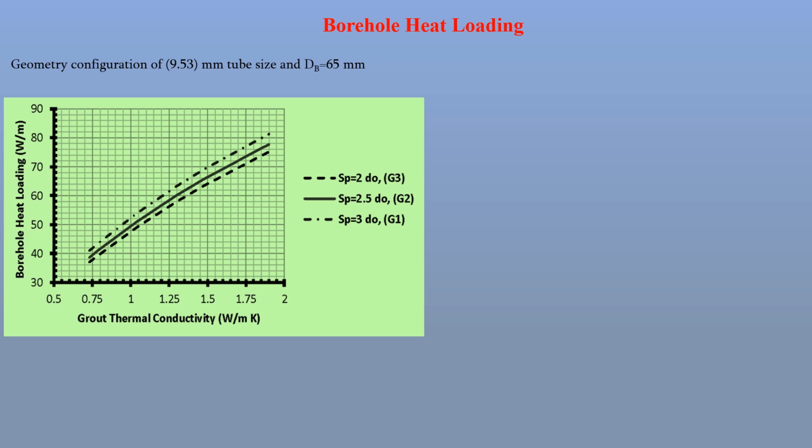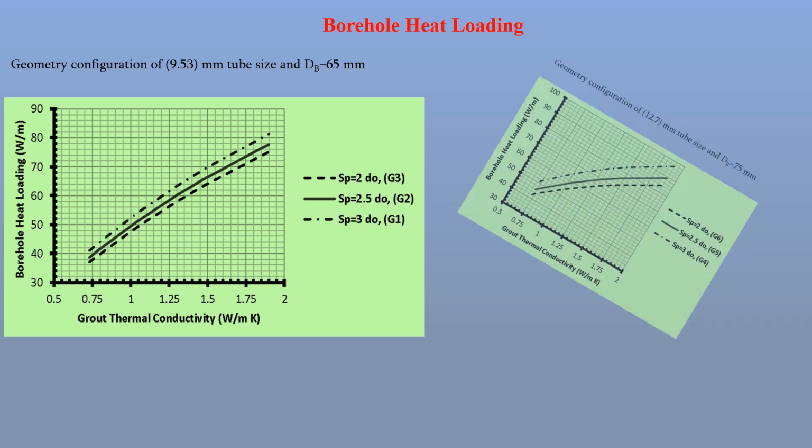And these behaviors of the results show that increasing the thermal conductivity will increase the borehole heat loading, because when you increase the spacing, then we will reduce the total thermal resistance of the borehole itself.